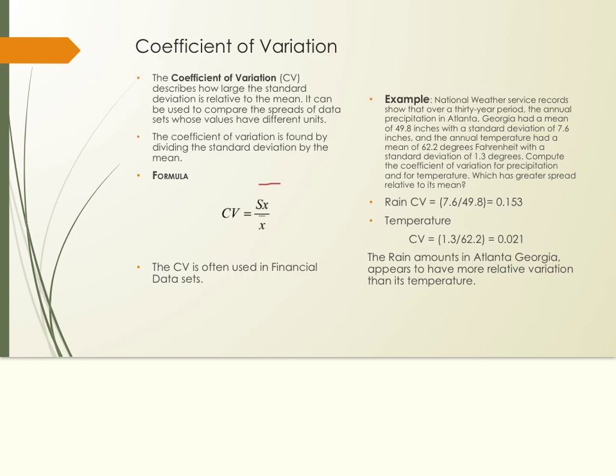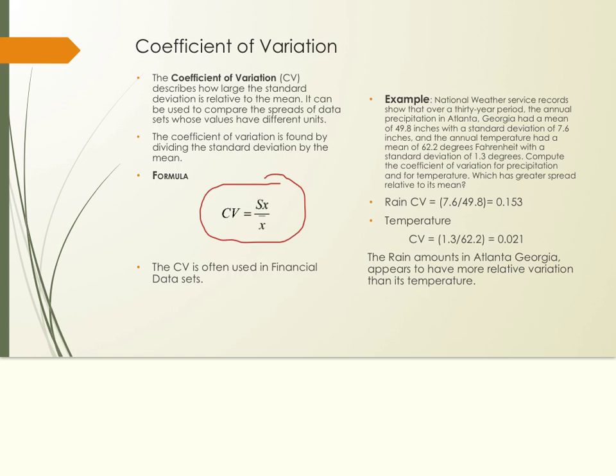So the formula for the coefficient of variation is called CV, and it's equal to the standard deviation divided by its mean value. Again, it's often used in financial data to compare data sets, to compare more risk versus less risk of different investments.